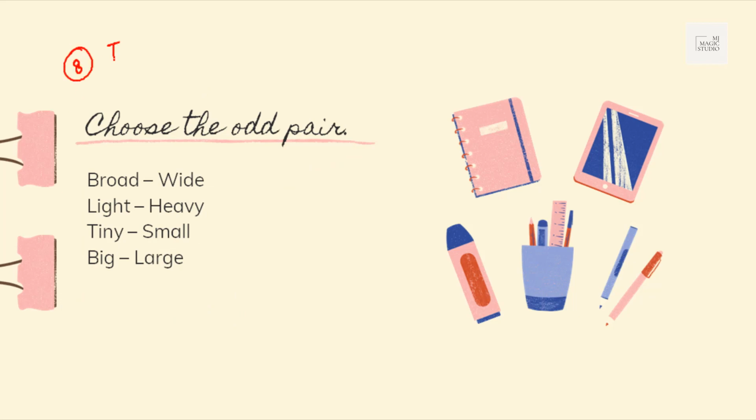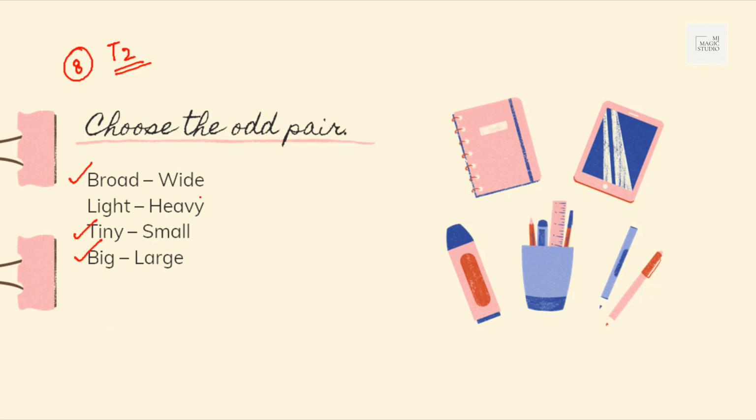Okay, let's take up one more. Example 8, again from type 2 questions. Choose the odd pair. So, broad, wide. Synonyms type. Tiny, small, synonyms. Okay, these two are matching synonym-wise.